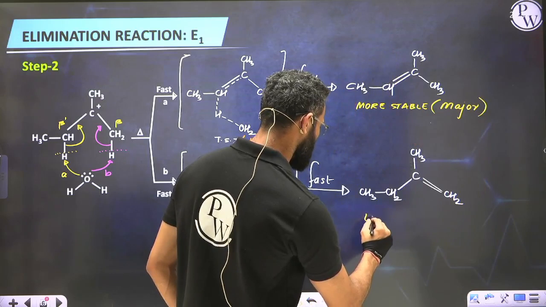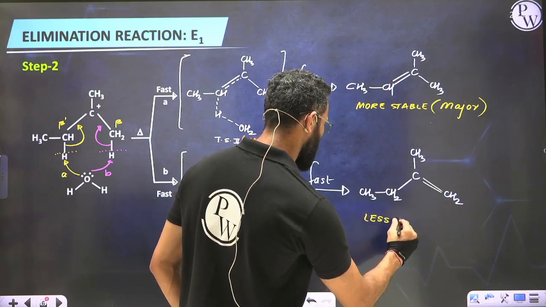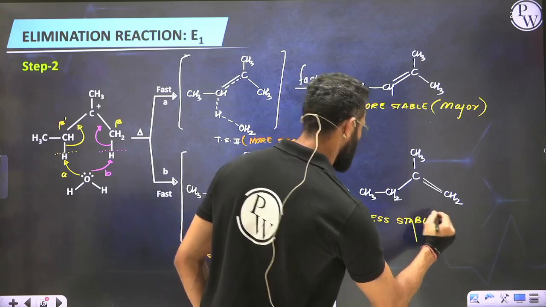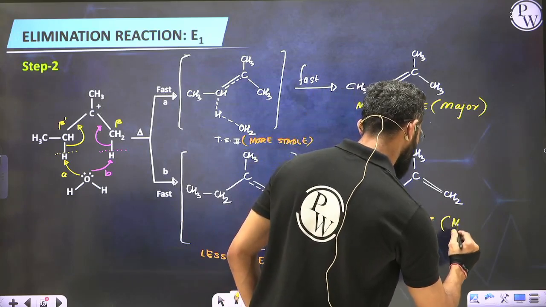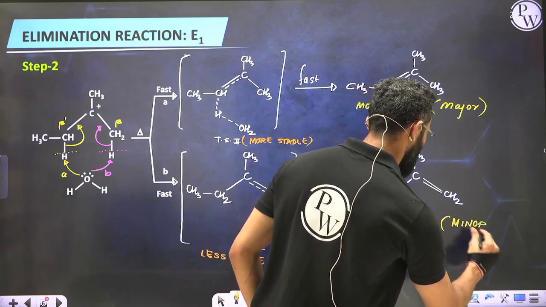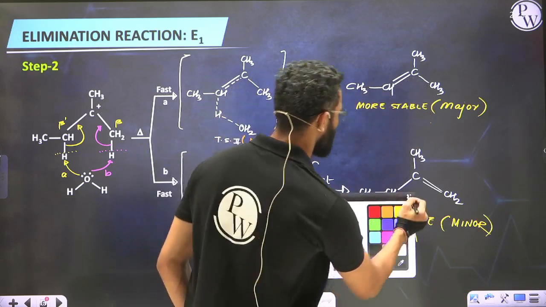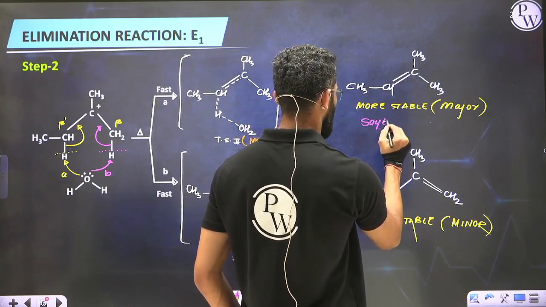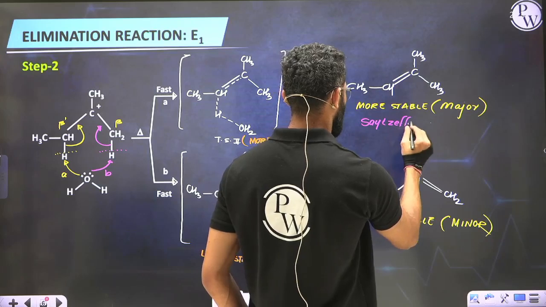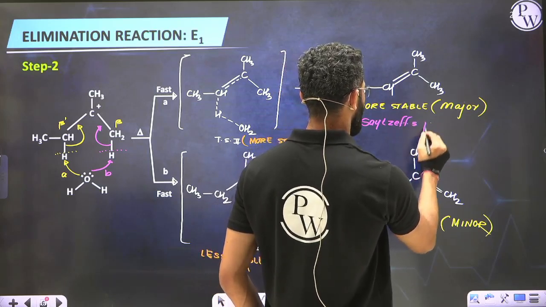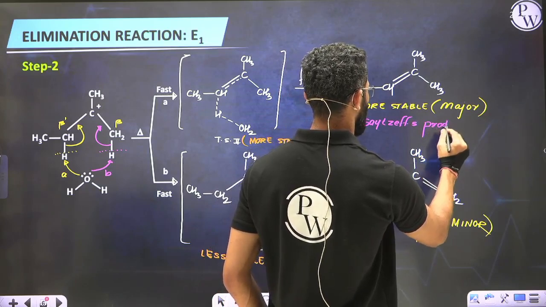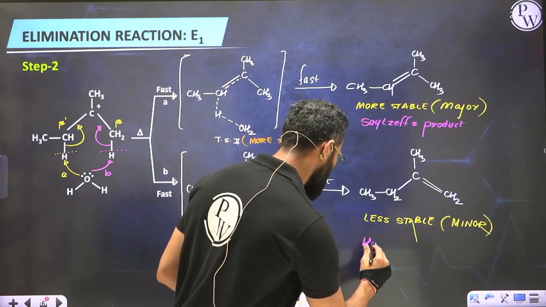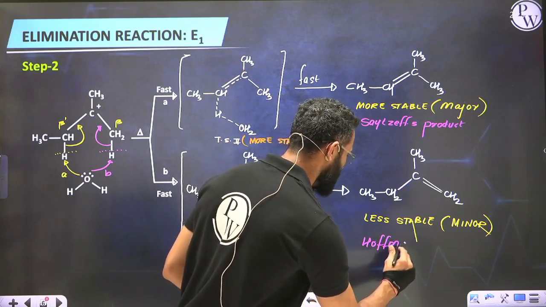This is less stable, called a minor product, and the more stable product we call Saytzeff's product. And the less stable alkene we call Hofmann's elimination product.